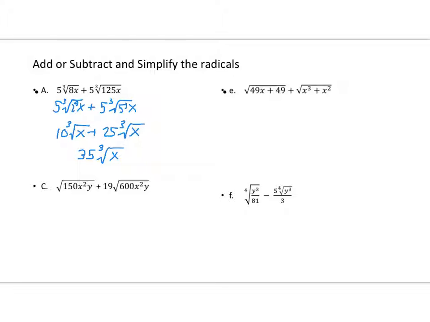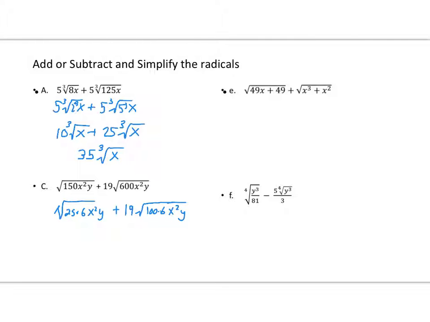So for part C, we're going to do basically the same idea. This is the square root of 150 x squared y. Notice I'm going to write this as 25 times 6 x squared y, and then the second term I leave as 19, and I get 100 times 6 x squared y.